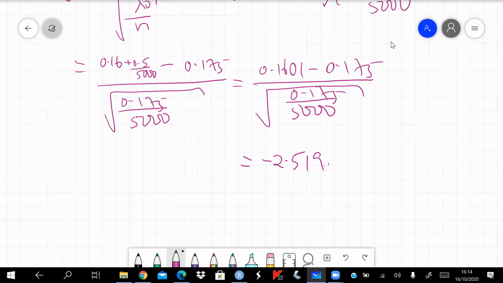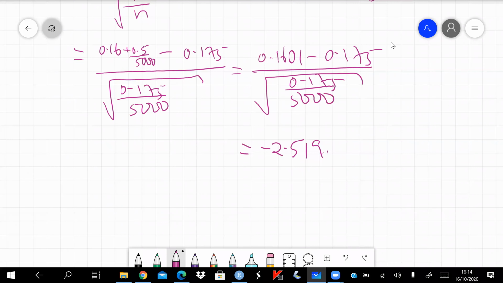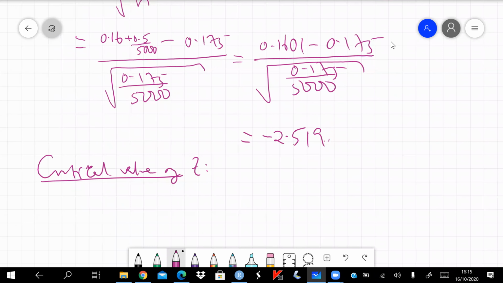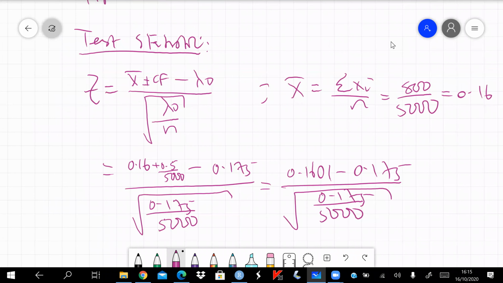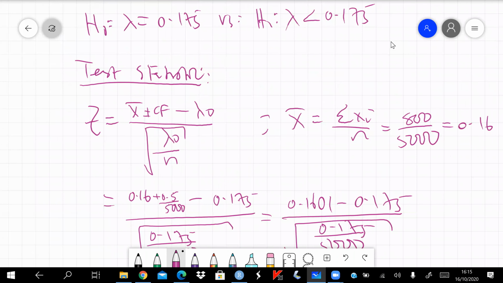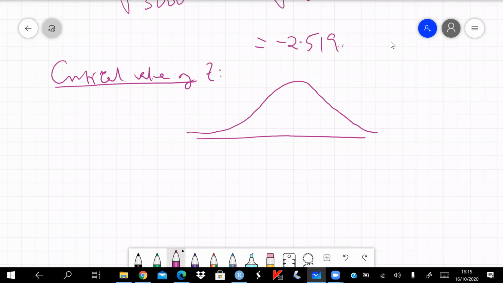Then let's obtain the critical values of Z. So remember, we are doing a lower tail test, with critical region alpha of 1%.